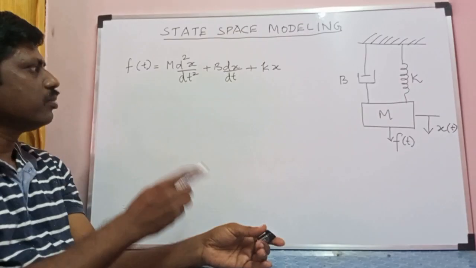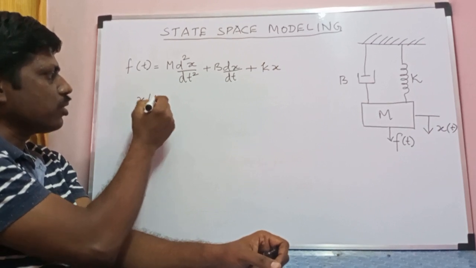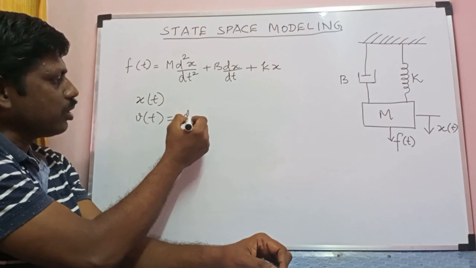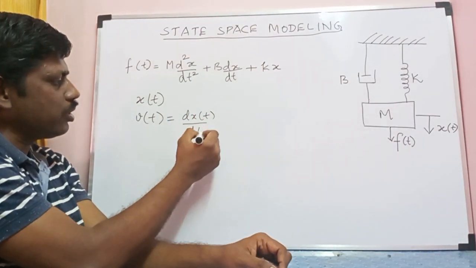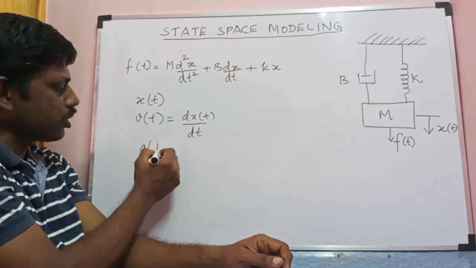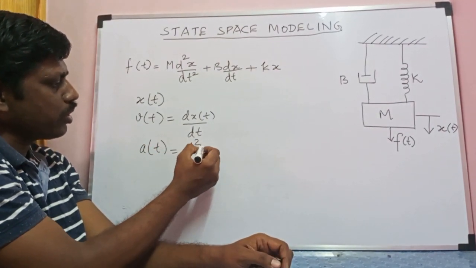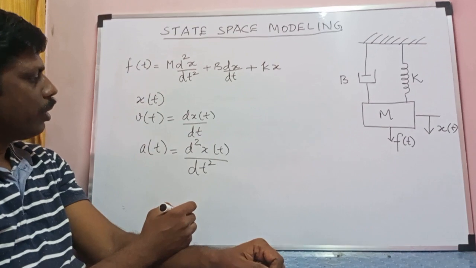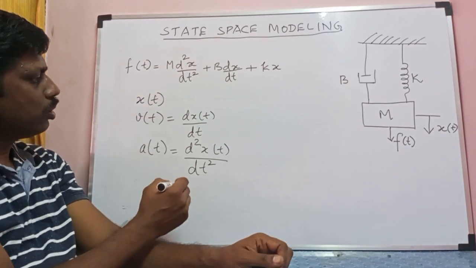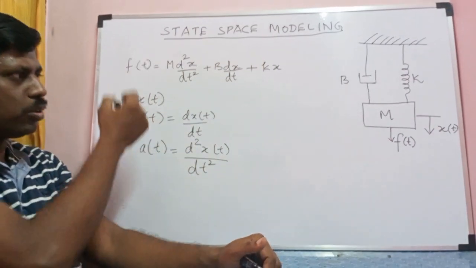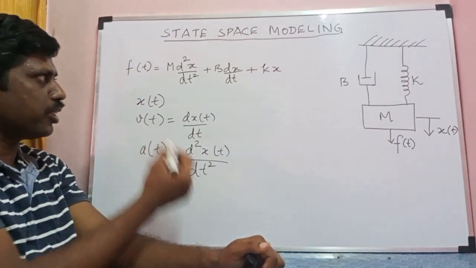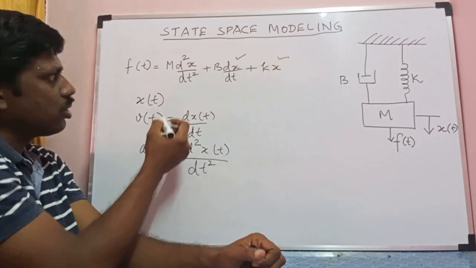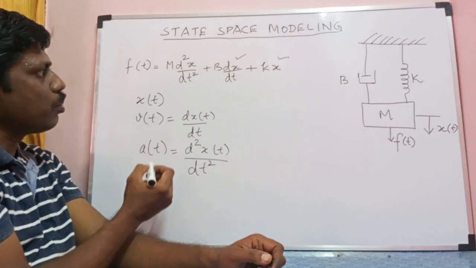For example, the variables associated with the system are x of t, v of t, which is given by dx of t by dt, and a of t, acceleration, which is nothing but d square x of t by dt square. So among these variables which change with respect to time, if I know dx by dt and x, I can find out d square x by dt square.